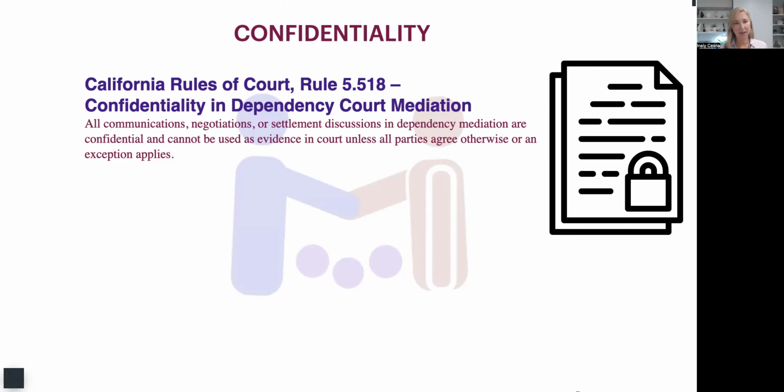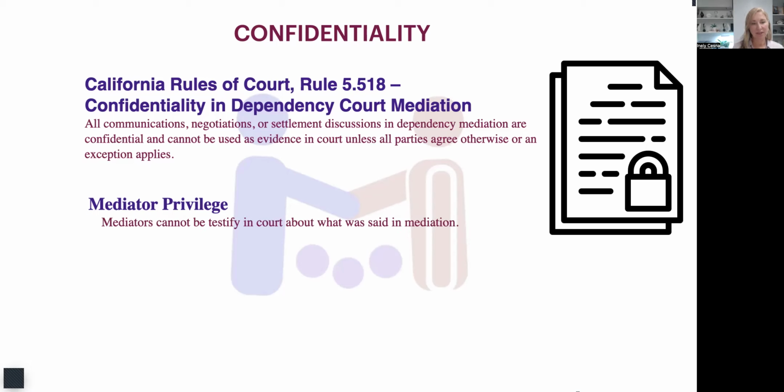In dependency court, it's often obliged in the sense that it creates a container within which parties can come into communication, negotiation, and settlement discussions without violating the privacy of the child and of the family.